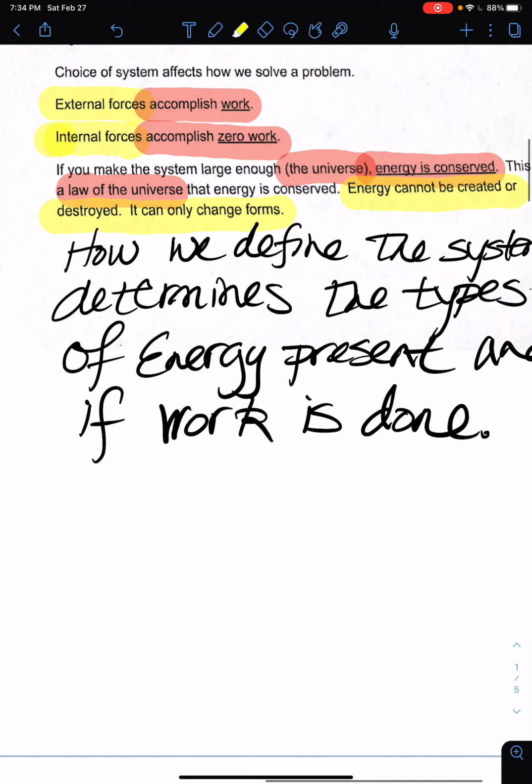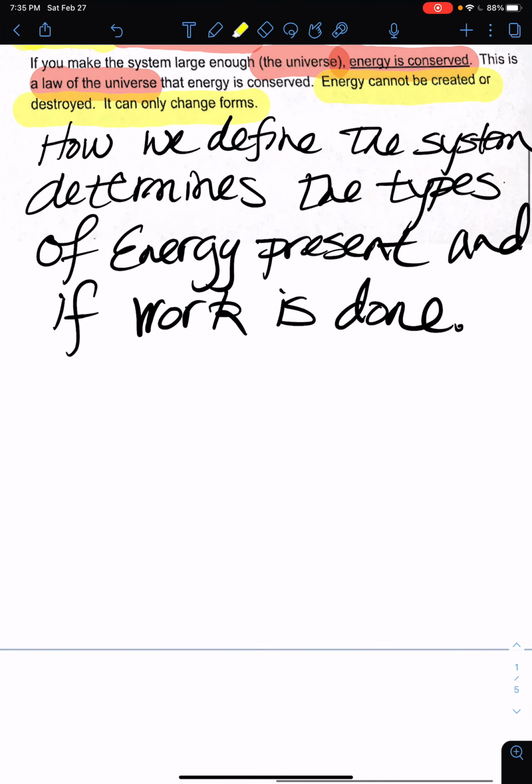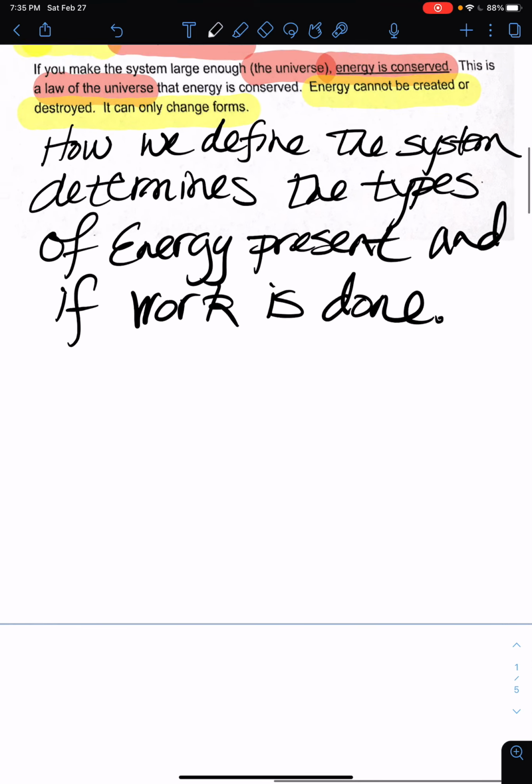Now, when the system is small, then you lose energy. It goes away, it leaves the system. But if the system's defined as being the universe and infinitely large, then you don't lose energy. It all stays in the system, but it does change forms. And when I say it changes forms, it also changes usefulness.